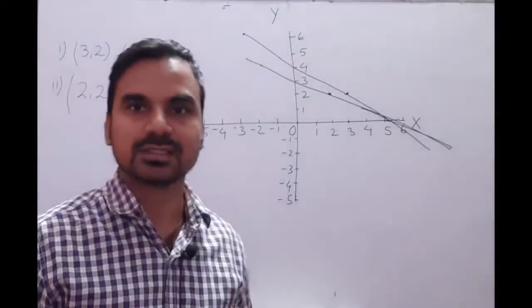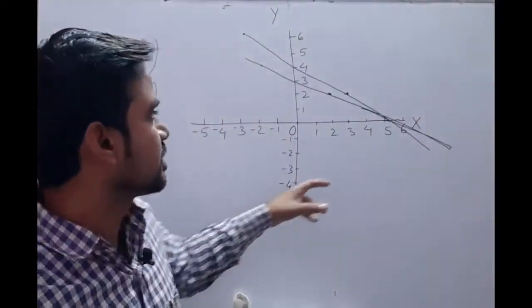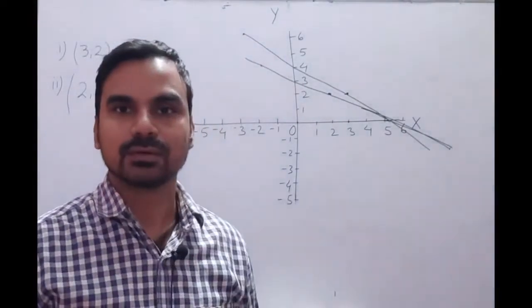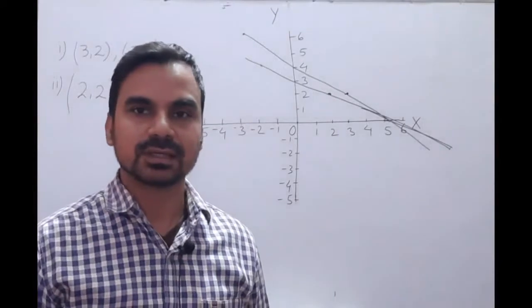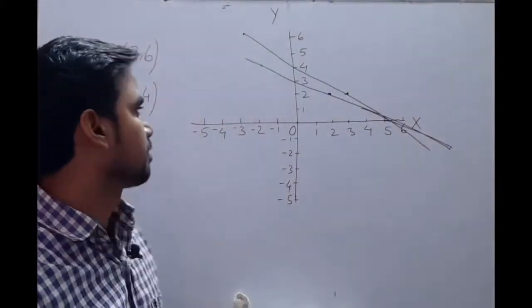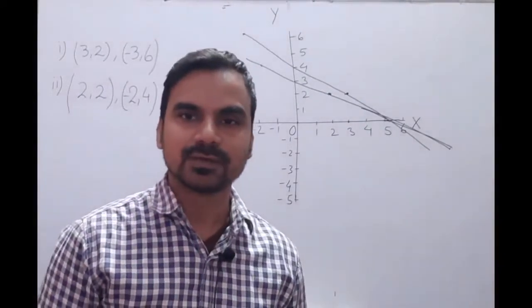As you can see, these two lines intersect each other at a point. So this is the graph for these two equations. I believe you all have understood it clearly.